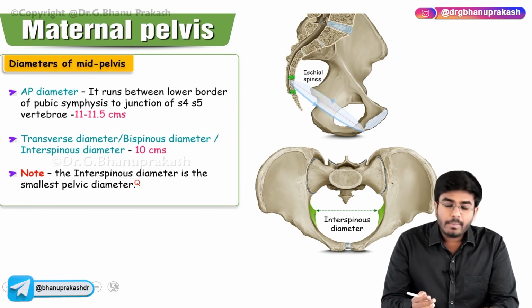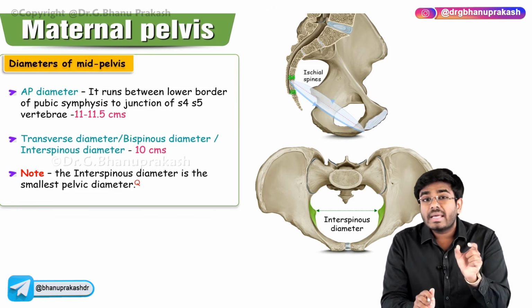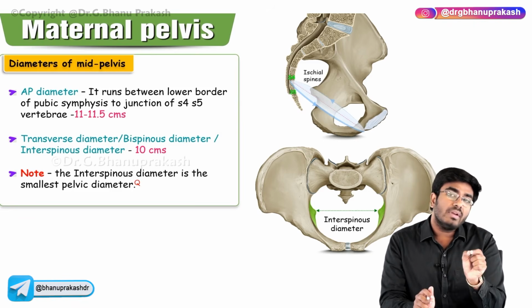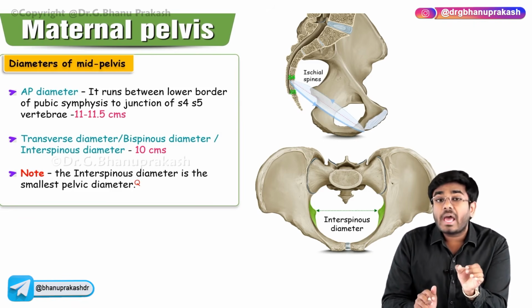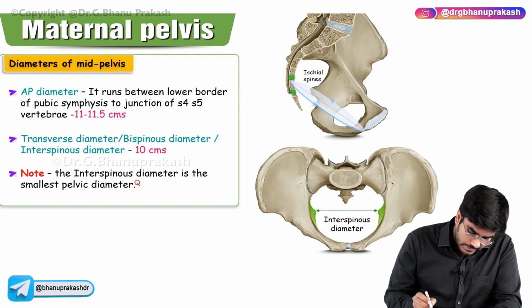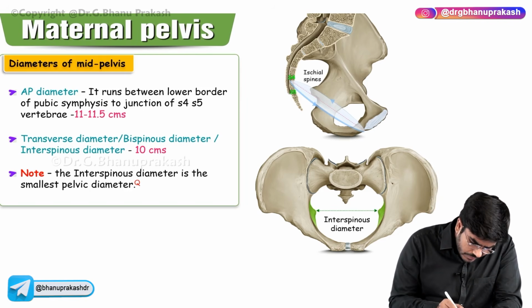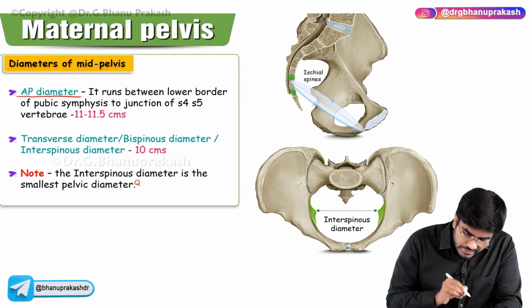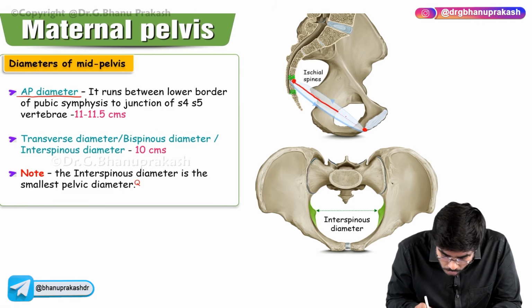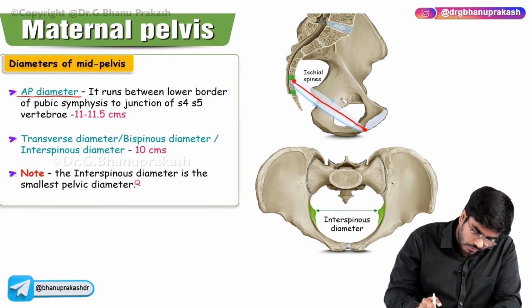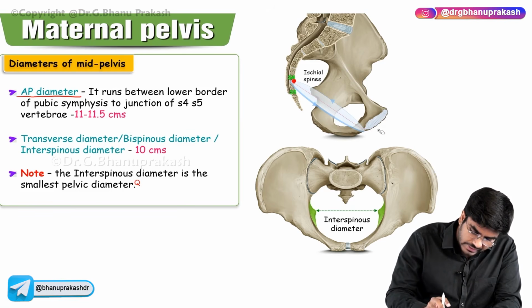Let's talk about the diameters of the mid pelvis, or the diameters of the plane of least pelvic dimension. I am saying this area is the narrowest area. Please concentrate. Here the anteroposterior diameter, which means anterior to posterior, will be somewhere around 11 to 11.5 centimeters.